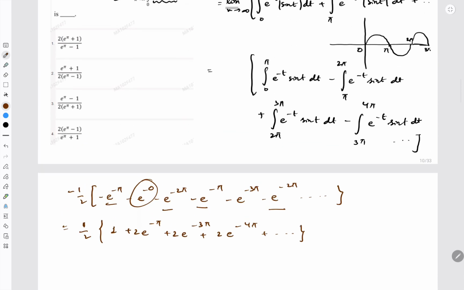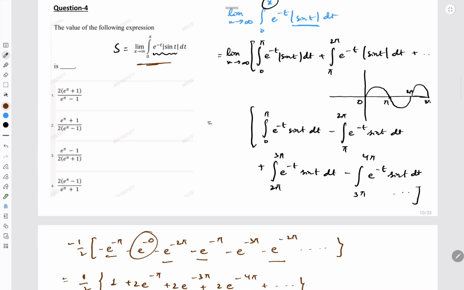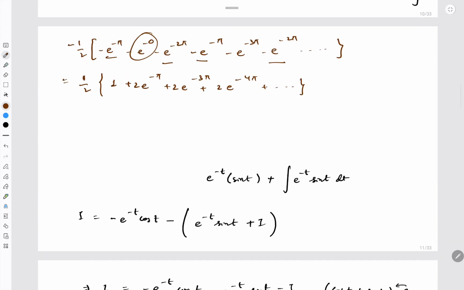So we need to compute this sum, basically. That is what it was asking us. So what is this sum? If I rewrite it, 1 by 2 plus e power minus pi plus e power minus 3 pi plus e power minus 4 pi, and so on.